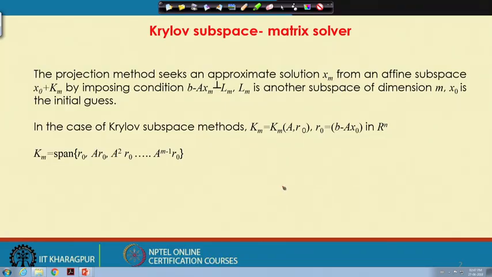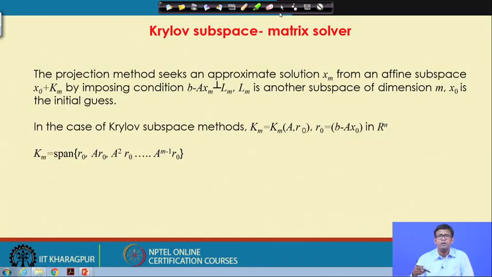And we have seen the grade of r 0 with respect to A, what the maximum dimension of the Krylov subspace can be, etc., in the last few classes, and have shown that this is a convergent method. In general, the Krylov subspace method should converge to the right solution for any guess value of x 0 or any starting residual r 0. So, our goal is to develop efficient solvers using the Krylov subspace method.